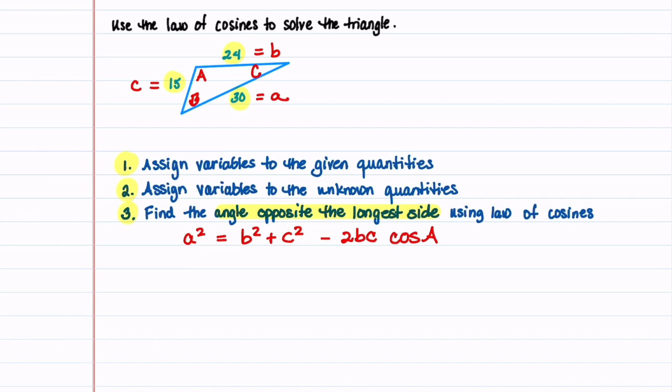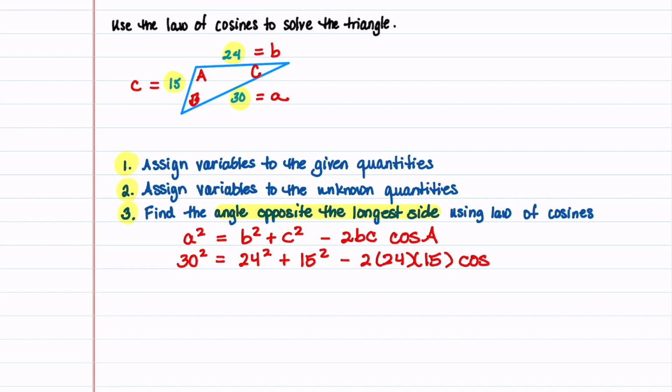Let's go ahead and plug in all the quantities that we know. Little a is 30, and we'll square that. Little b is 24. We'll square that. Little c is 15. That becomes squared. And then we subtract 2 times b, which is 24. Our c is 15.